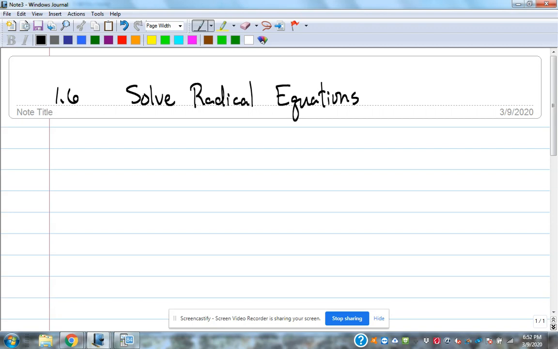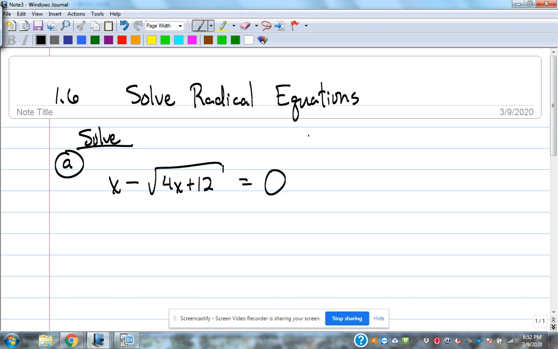Okay, so radical equations. Let's just throw in a problem. Let's just say solve. X minus the square root of 4x plus 12 is equal to 0. Okay.